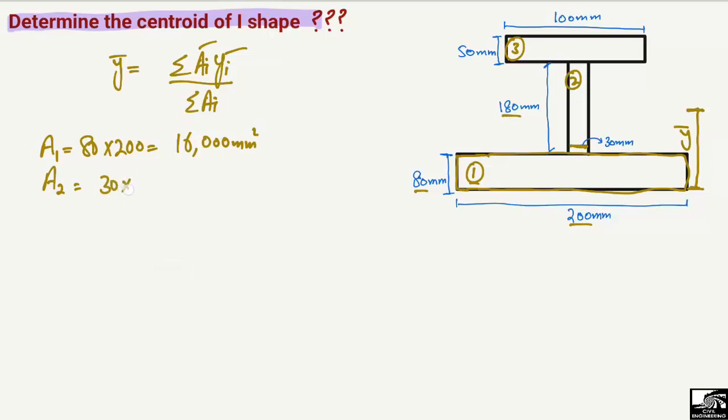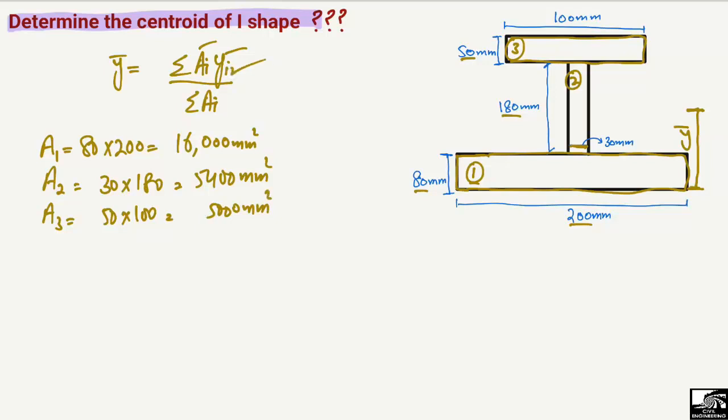So 30 into 180 comes out to be 5400 square millimeter. The area of the third object, which is this one: the length is 100 millimeter and the depth is 50. So 50 into 100, we get 5000 square millimeter. So these are the areas of each object.